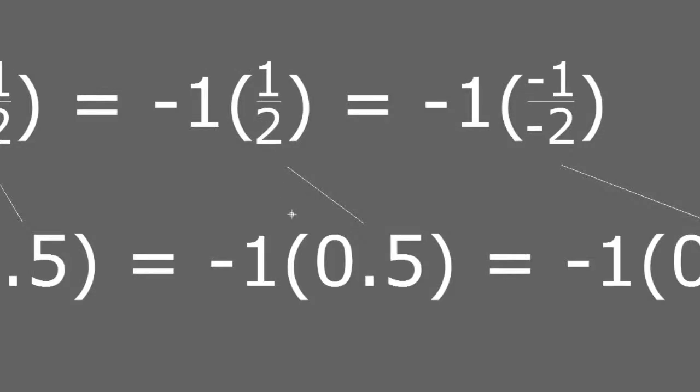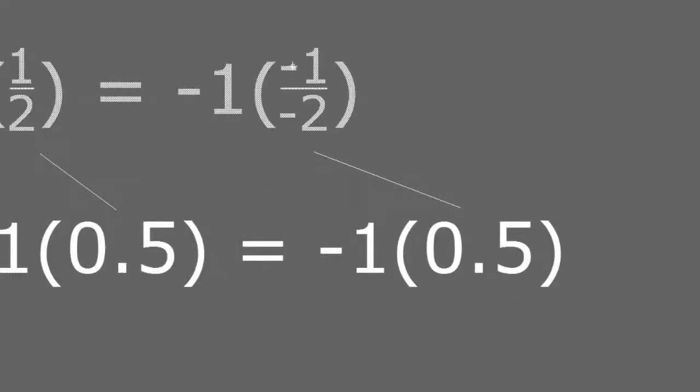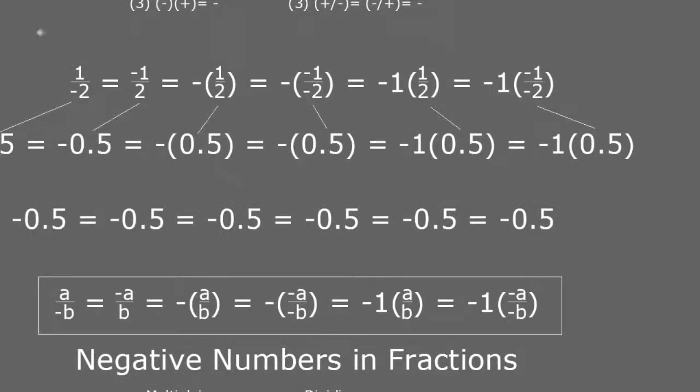So 1 over 2 is positive 0.5, but when I multiply it by negative 1, it will also become negative 0.5. And as we said before, negative 1 divided by negative 2 is positive 0.5, but multiplied by negative 1 becomes negative 0.5.